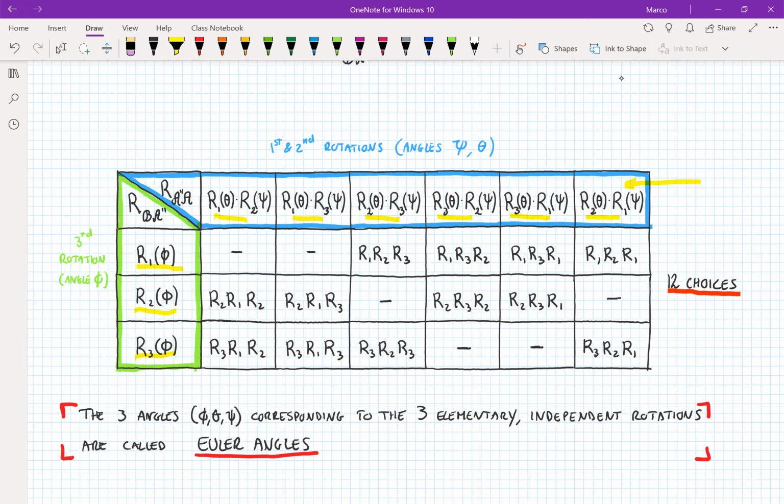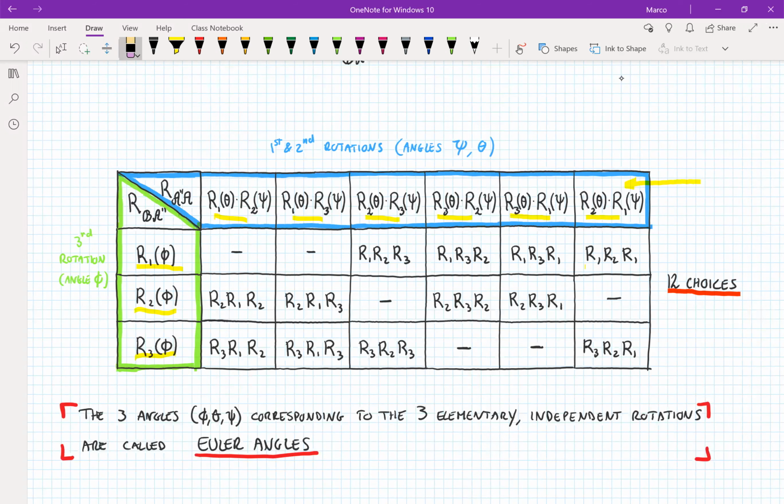For example, R1, R2, R3, or R2, R3, R1, as long as we're not repeating the same rotation twice, one after the other. But we can have, for example, R1, R2, and R1. Again, that is possible because the two R1s are separated by an intermediate rotation about the y-axis.